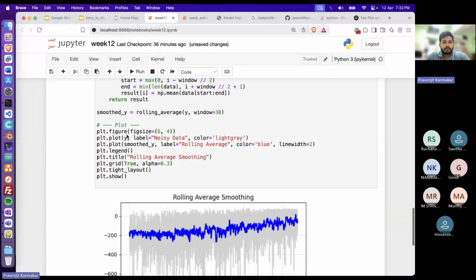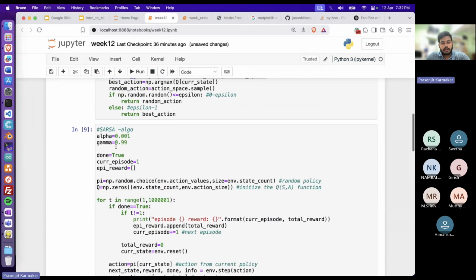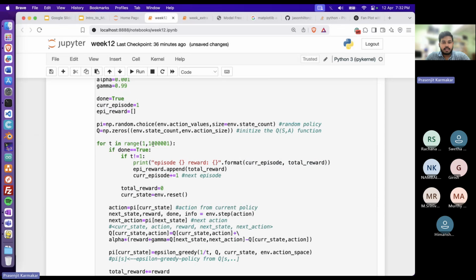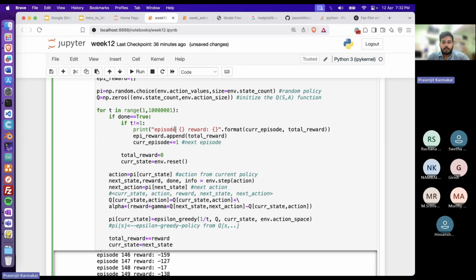Now let's change our hyperparameters a bit more. Let's keep alpha the same. Let's increase the number of steps, right? Now let's say it takes 1 crore steps. Okay, and we'll not print because print takes a lot of IO, right?